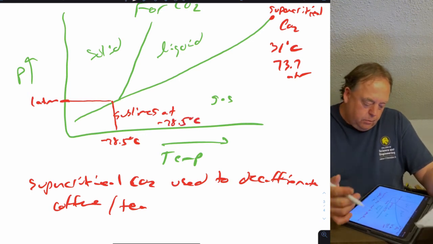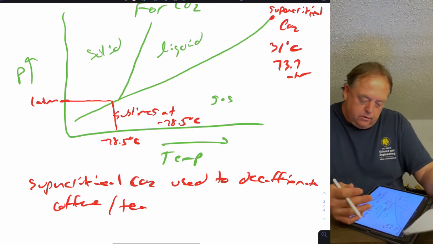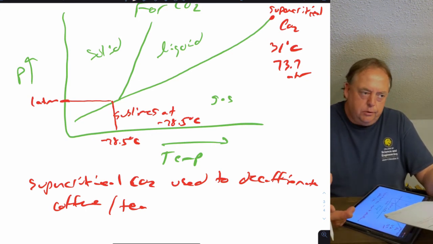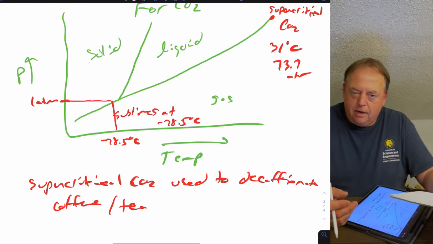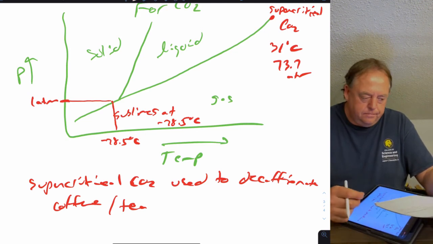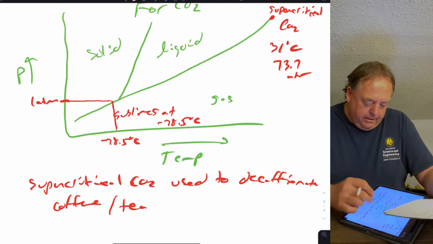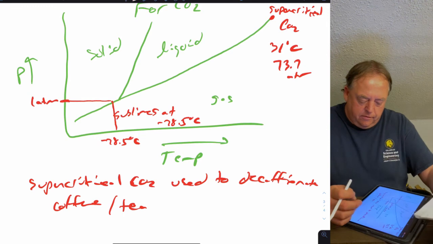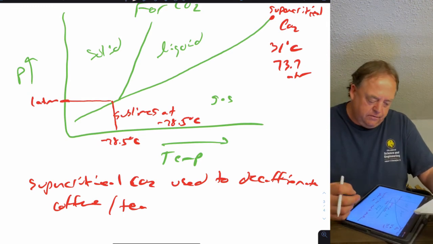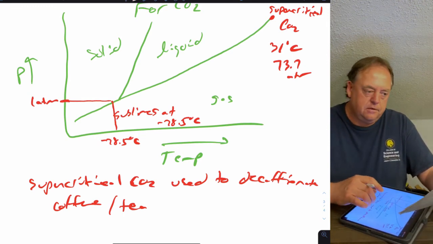So this would be one reason why solid CO2 is dangerous to handle with your bare hands, because you can get frostbite very fast because it's very cold. It's sitting there at negative 78.5 degrees at 1 atmosphere, subliming directly from the solid phase to the gas phase.